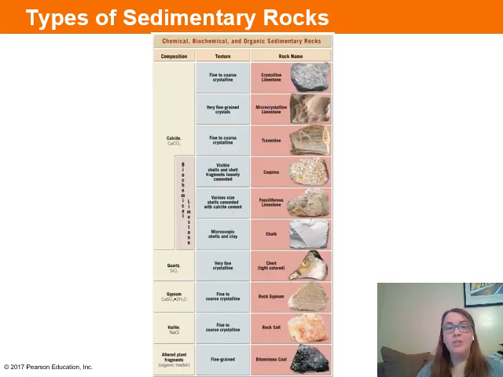So this chart is just summarizing the different types of sedimentary rocks. So here, this is just looking at our chemical and biochemical rocks. And again, the easiest way to figure out which one you have is just to put a drop of acid on them. These biochemical rocks are made out of calcite. So all of the rocks that have calcite inside of them are going to react to that acid.